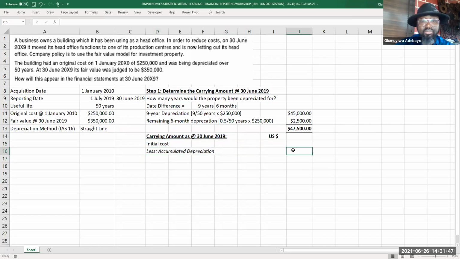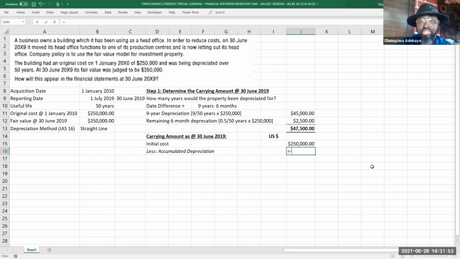What's the accumulated depreciation? Initial cost is 250. Accumulated depreciation is 47,500. Therefore, what is the carrying amount?